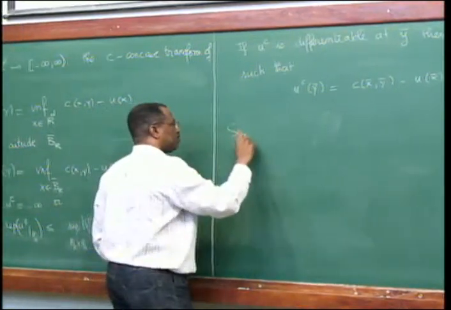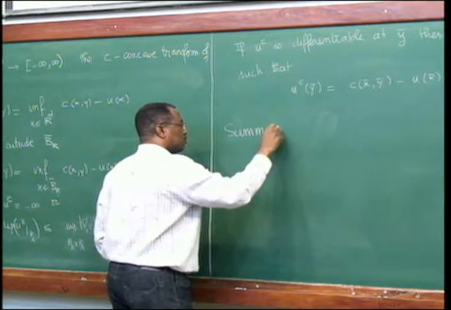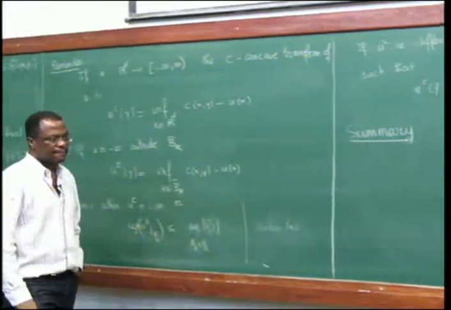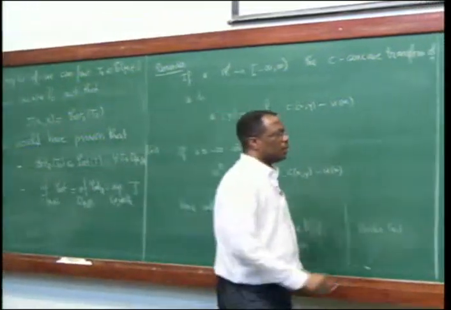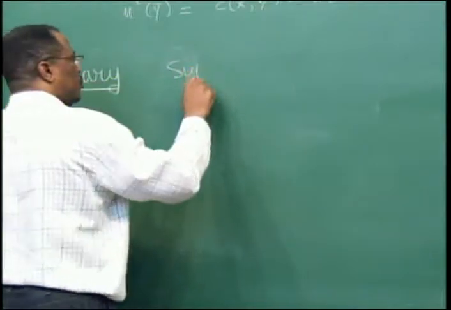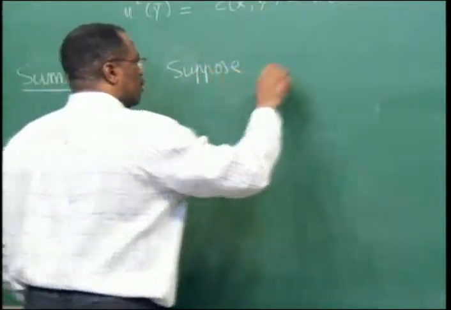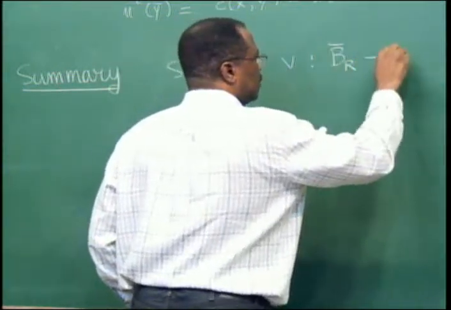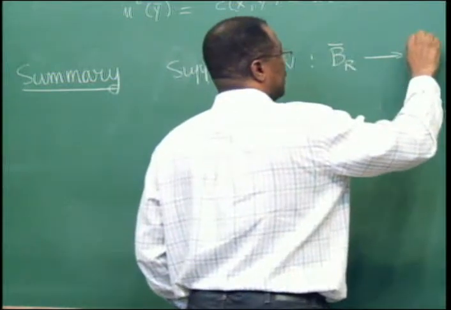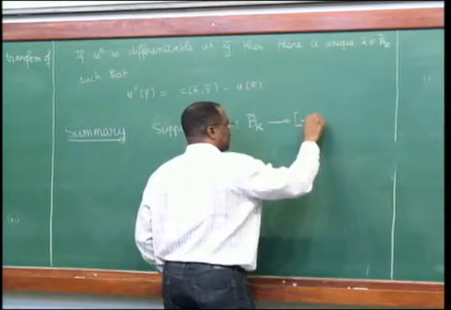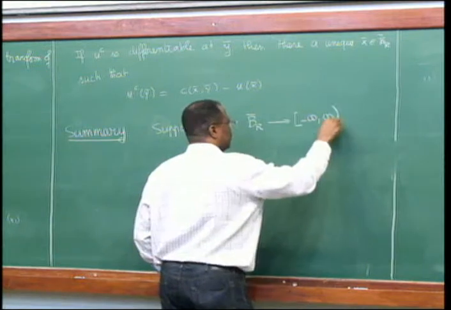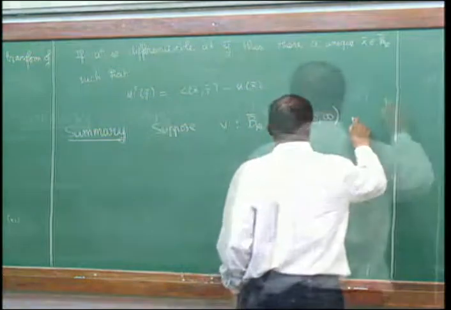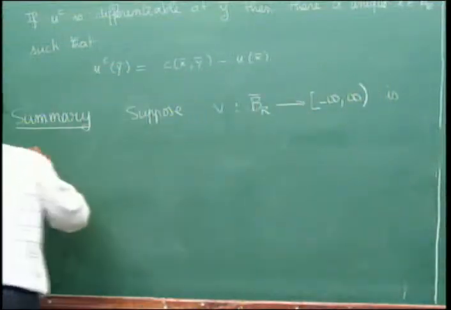Summary. Suppose V is from the closed ball to negative infinity, plus infinity, and is upper semi-continuous.